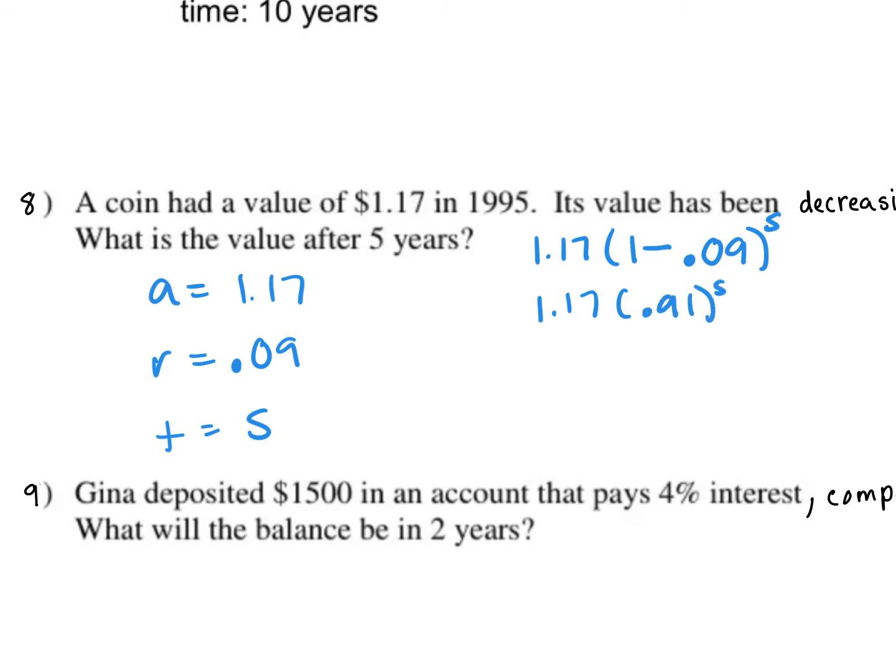And then what do I do next? The exponent. So 0.91 to the power of 5. So 0.624. Just keep that in your calculator and multiply it by 1.17. So we should get 0.73.